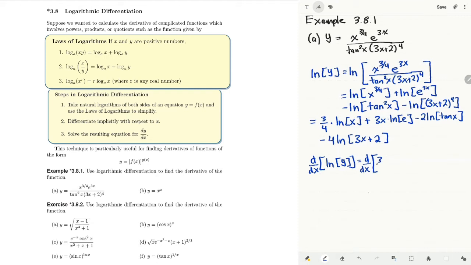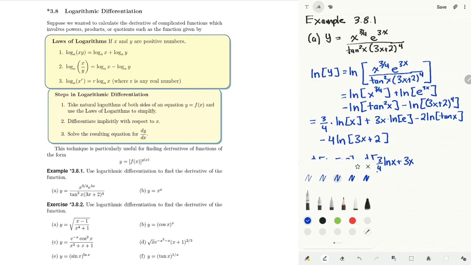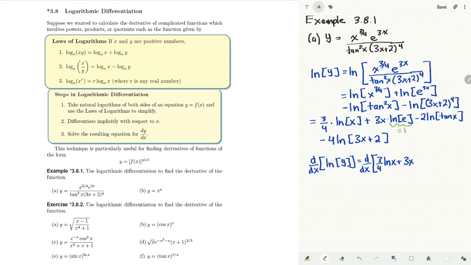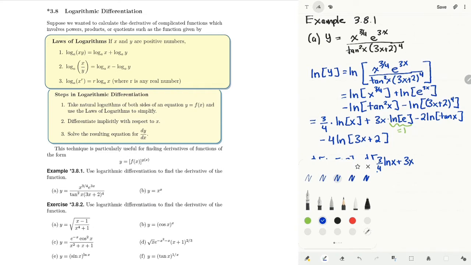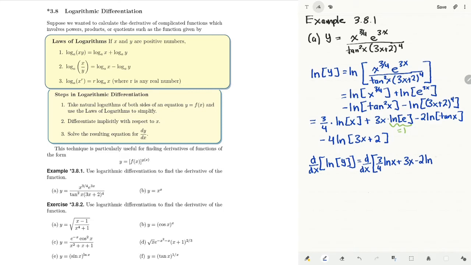So we have 3/4 times the natural log of x plus 3x. And now the natural log of e can be simplified to 1, so it's 3x times 1, which is just 3x. Then we have minus 2 times the natural log of tangent of x, minus 4 times the natural log of 3x plus 2.